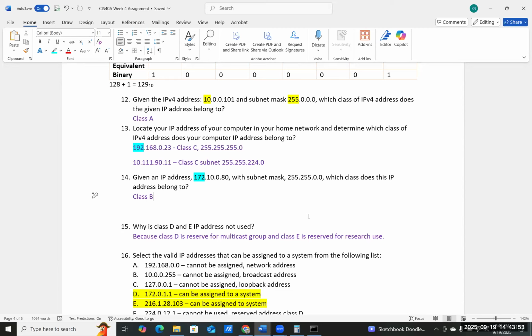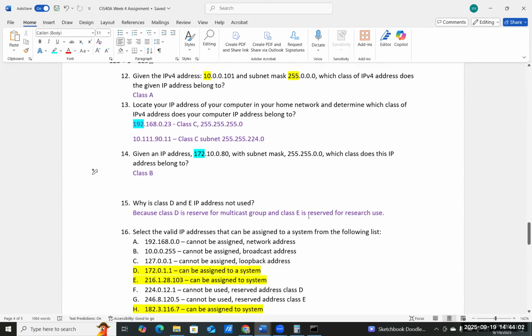Okay, so let's go through and determine which one is valid and which one is not valid. For 16, I have given you a bunch of different IP addresses, and we have to determine which one is usable. Now, if you're looking at 16A, 192.168, and you see the last two as .0, we don't use 0 for an individual unique system, because 0 is used as a network address.